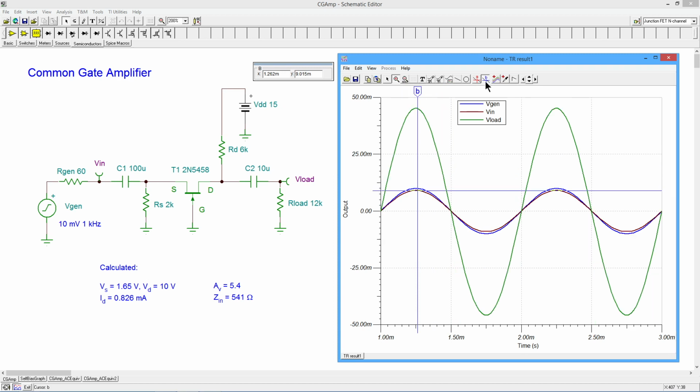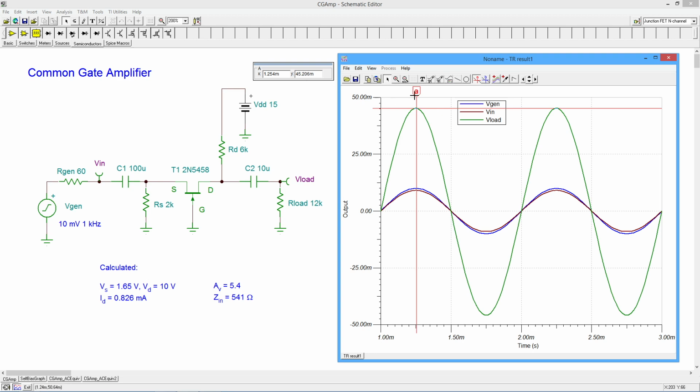And now let's take a look at our output. And we are getting a little over 45 on the positive peak. So remember, our expected gain is 5.4. We've got roughly 9 millivolts coming in. So 9 times the 5.4 is going to get us 46, 47.